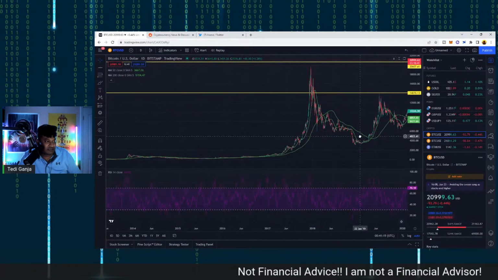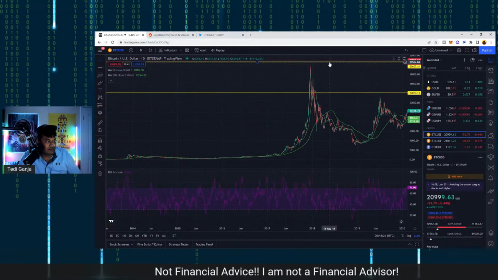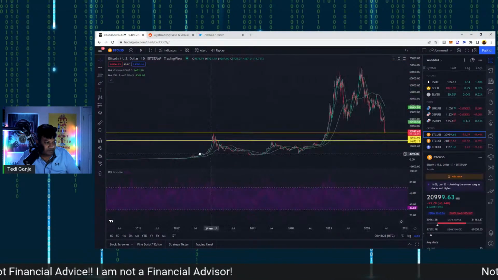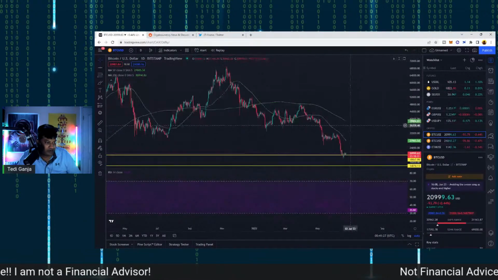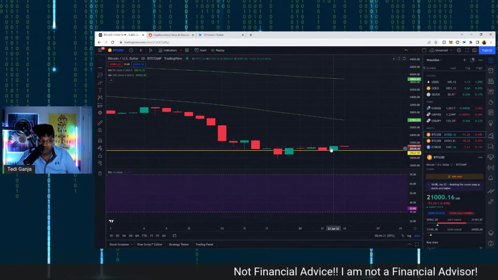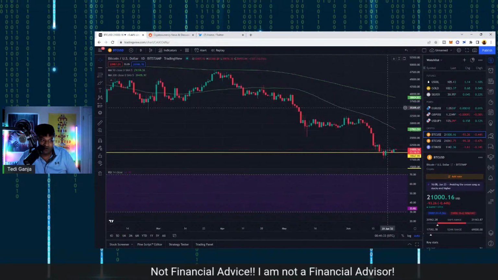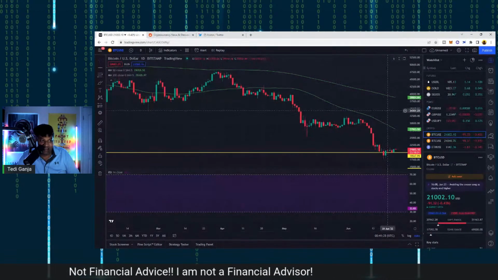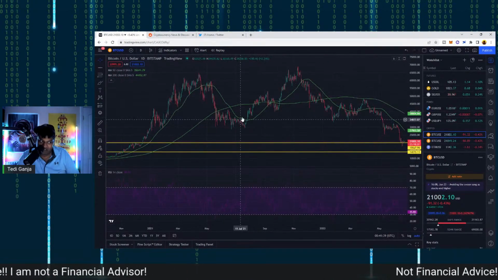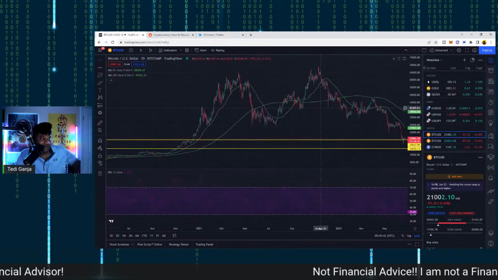Well, actually, it looks like I have this indicator a little off. Yeah, let me bring this down right there. Right. So right now we are here, and we're literally at the support, seeing if this Bitcoin bounces off or whatever is going to happen. And these two being parallel, real scary, because when is that cross going to happen? Who's going to turn first?